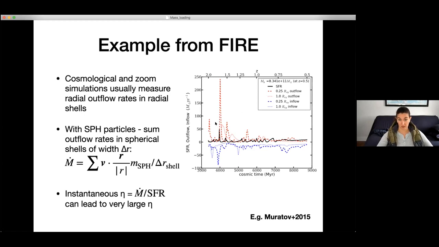And particularly in the cosmological context, this is very likely to happen because we think outflows are actually one of the processes that's responsible for decreasing star formation. So if you're looking at an outflow that was ejected by a previous epoch of star formation, then you're likely to see a really large value of eta.